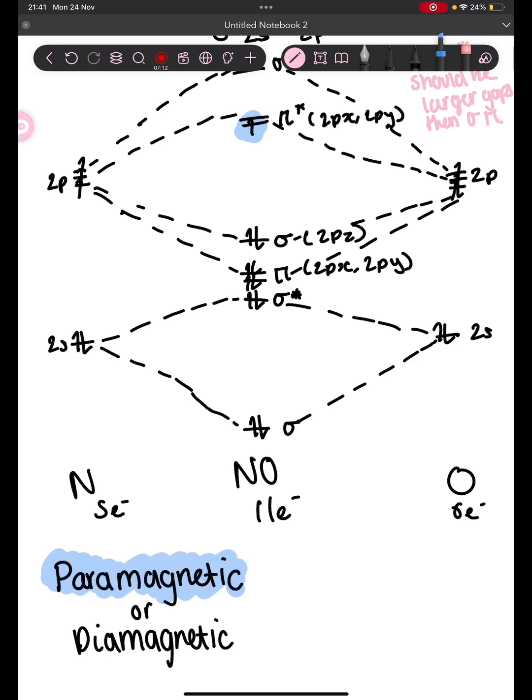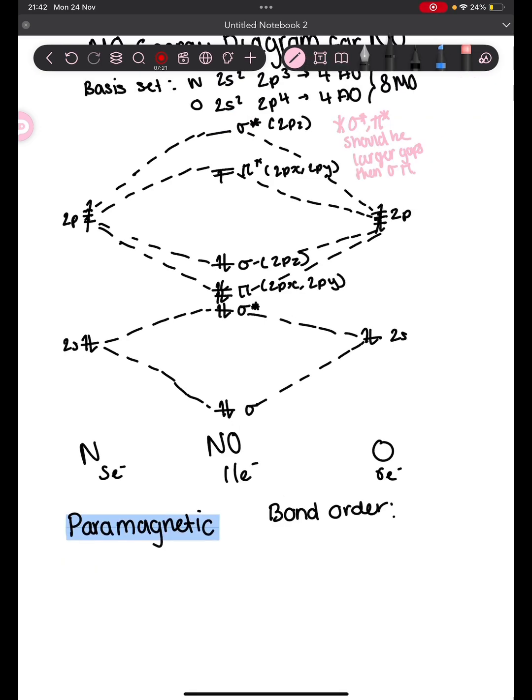So as we can see here, this one in the pi antibonding is unpaired, so we must have a paramagnetic.